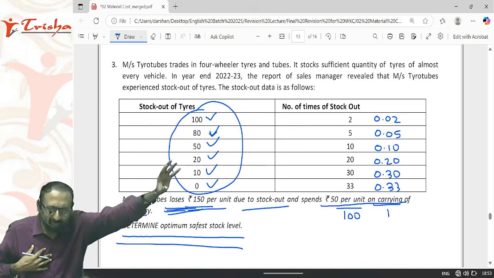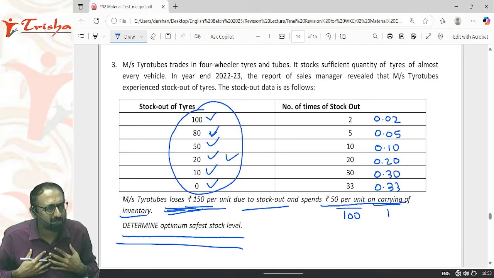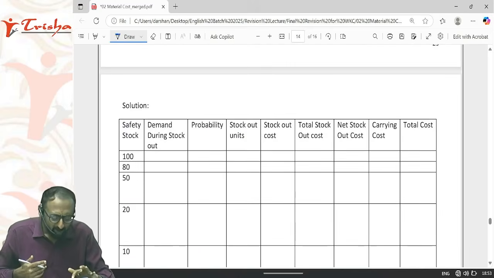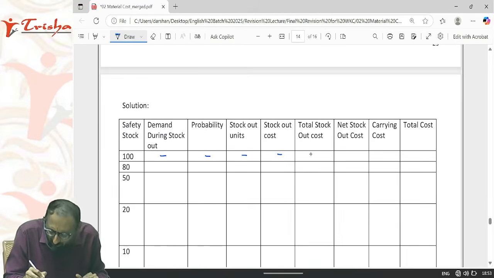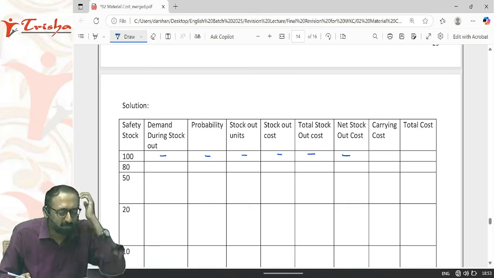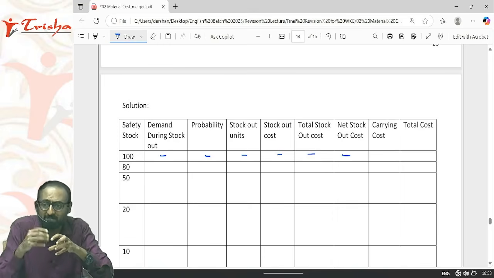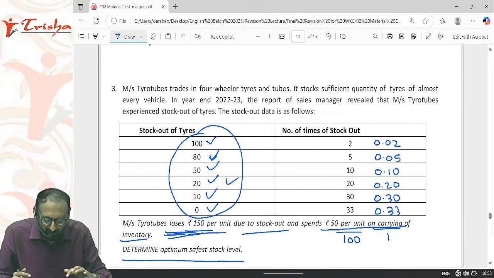If my safety stock is 100, demand is only 20, sufficient stock is available, yes or no? So Sirji, if I maintain higher safety stock, there will not be any chance of stock out, correct sir? But additional carrying cost will be incurred because this 100 units extra I will have to maintain every day, every month, every time of the year.